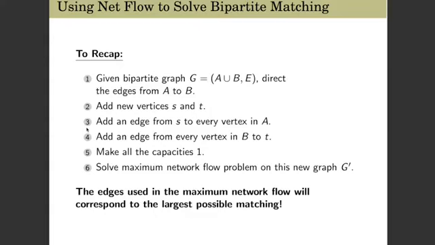Now the goal is to solve the maximum network flow problem in this new graph G prime that we have created from this bipartite graph. The edges used in this maximum network flow will correspond to the largest possible matching.